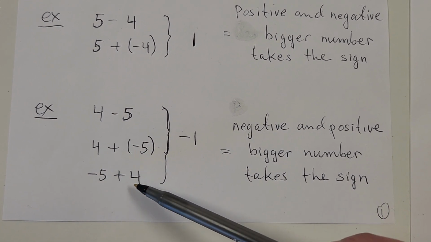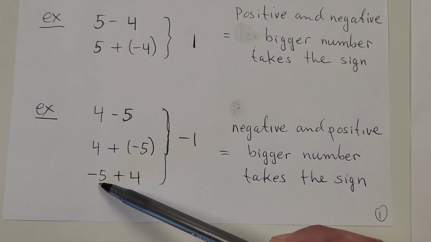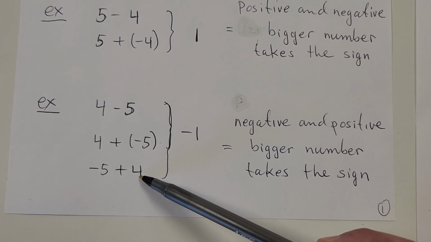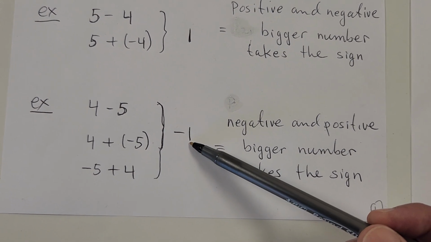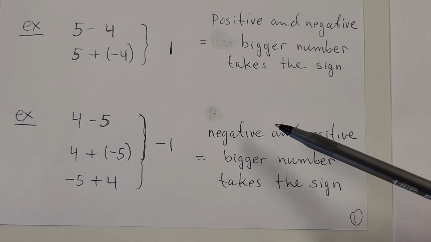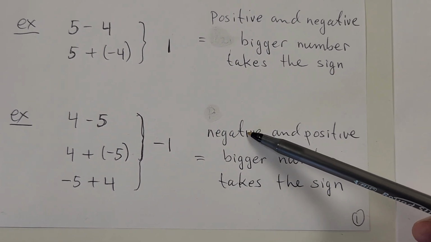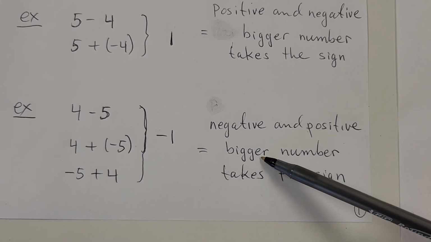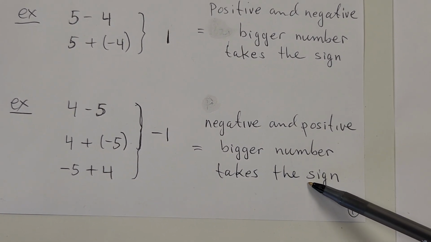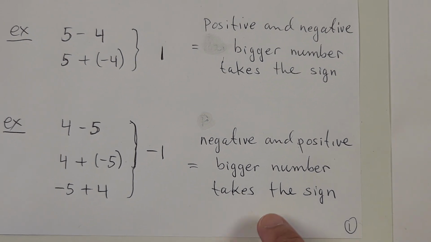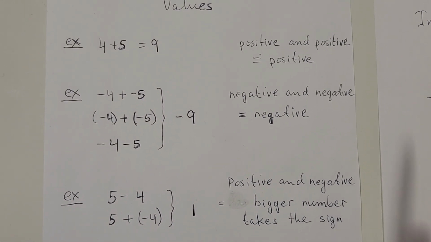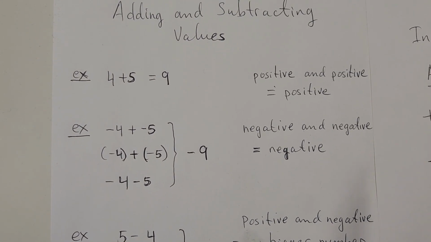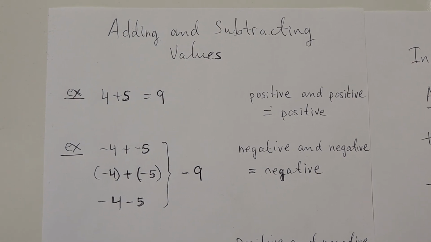Since negative 5 is bigger than 4, 5 is negative, 4 is positive, so therefore the answer is negative 1. Again, in general, when I have negative plus a positive, the bigger number takes the sign. Okay, so these 4 examples will help you to know when it is plus, when it is minus.